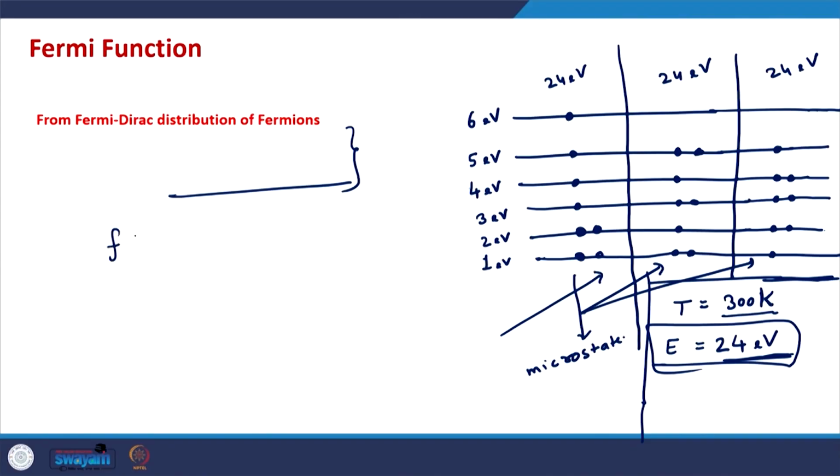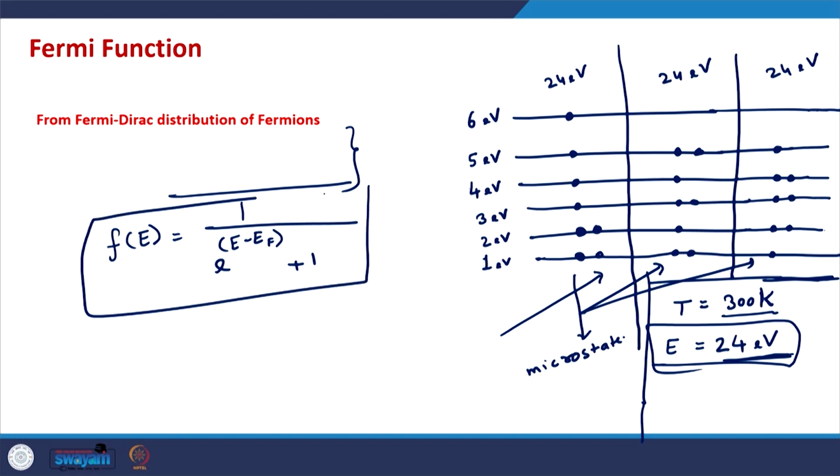So, at non-zero temperatures there is a probability corresponding to each state that the state is occupied, and that probability is given by the Fermi Dirac distribution function, or simply the Fermi function, which is written as this, essentially this. Okay. So, you got this idea.